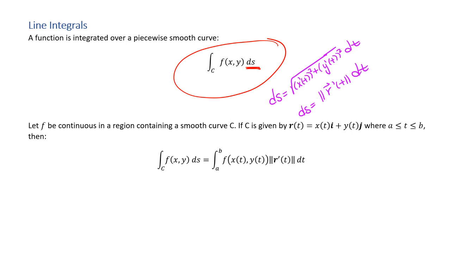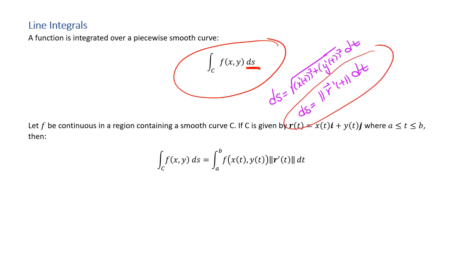A while ago, we talked about arc length. When we defined arc length, we defined this ds to be the square root of x prime squared plus y prime squared dt. That was a long time ago, at the beginning of the course.